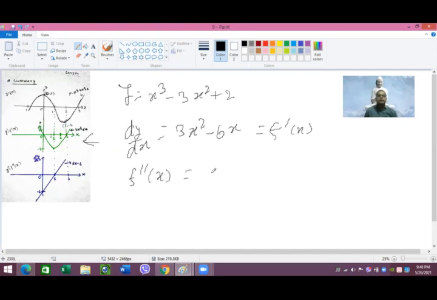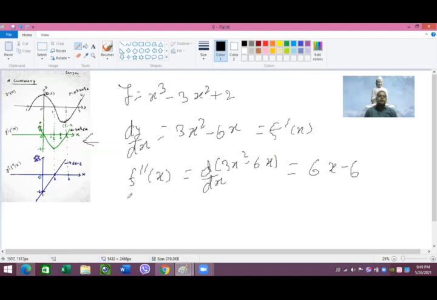This is the derivative of this function: 3x squared minus 6x. Its derivative is 2 times 3, which is 6x, and minus 6 times the derivative of x, which is 1, so we are left with 6.